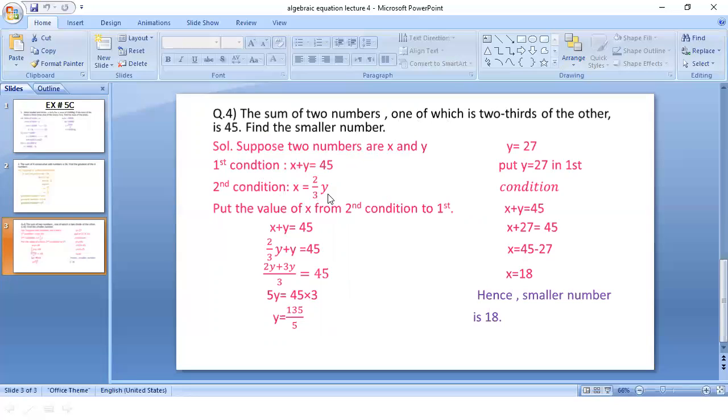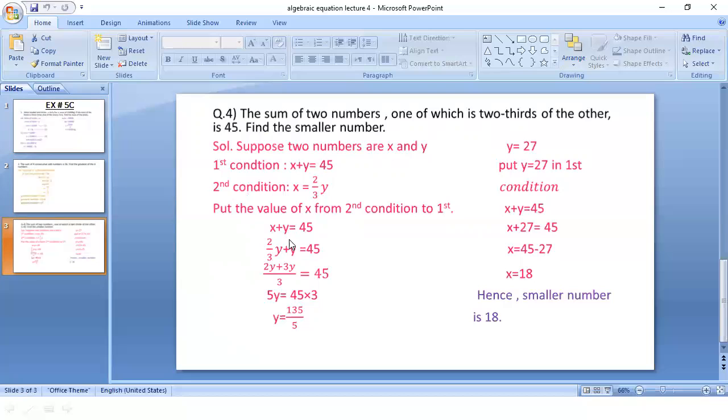So in the next step, put the value of x from second condition to first. So what we have written here, we have put the value of x, which is in condition second, 2/3y. So at the place of x, I put the value of x, which is 2/3y. ये आपको नजर आ रही है यहाँ पे x की जगह मैंने 2/3y लिखा.